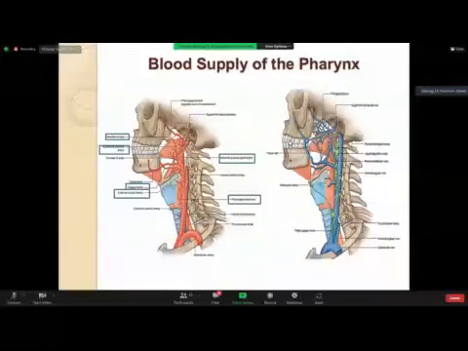We have this ascending pharyngeal branch. तो ये सारी branches, we have this ascending palatine artery, we have maxillary artery. ये सारी branches pharyngeal areas को supply करेंगी. इसी तरीके से venous drainage भी है कि all the venous blood drains into the internal jugular vein. तो इसके different channels हैं.